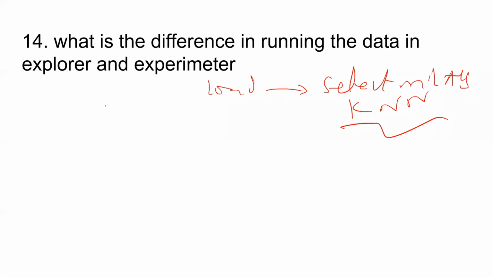But in Experimenter, sometimes you want to run many experiments. You may even run many data sets at the same time, not only one data set. So in the Experimenter option, we give you that option.